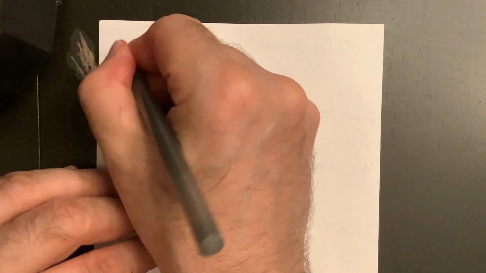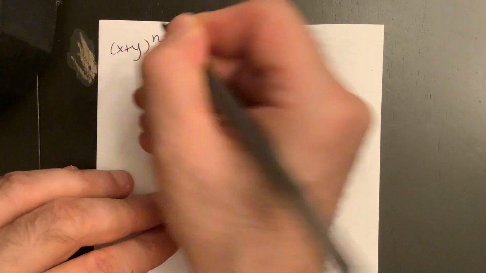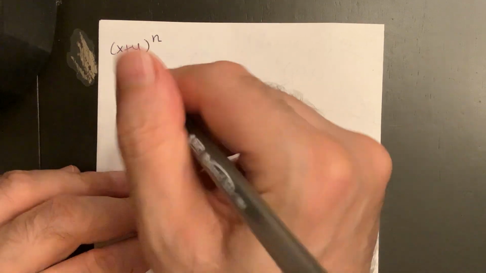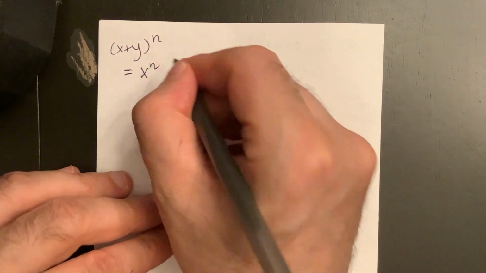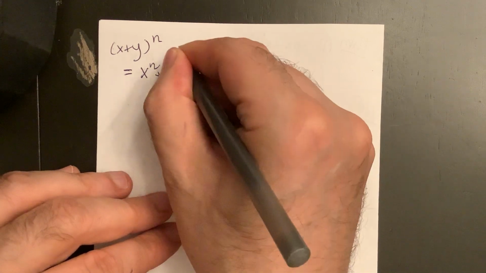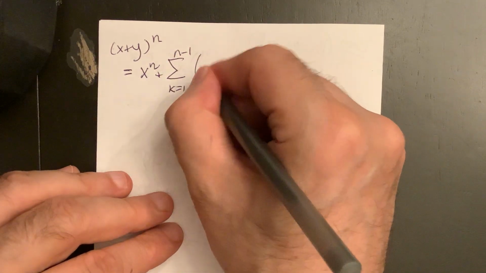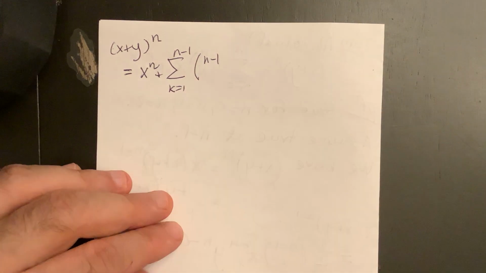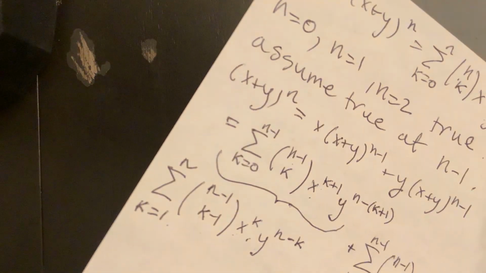Okay, so almost there. So x plus y to the n is the sum of those two. So it's x to the n plus the sum k equals 1 to n minus 1, n minus 1 choose k, I think. I better look, I don't want to make a mistake. N minus 1 choose k minus 1, x, yeah.